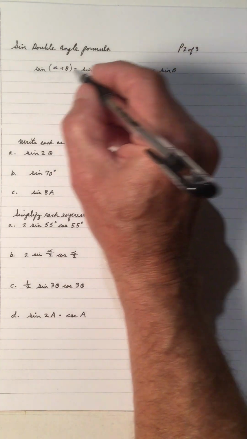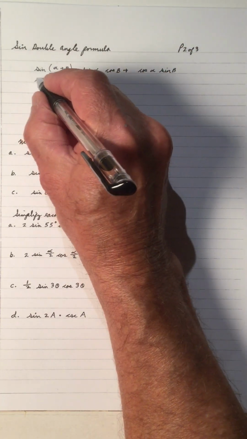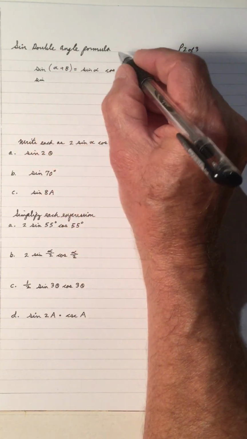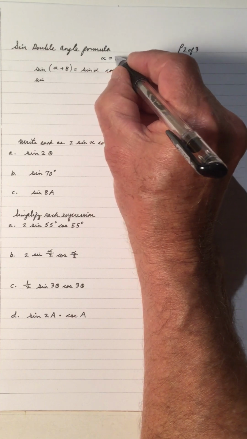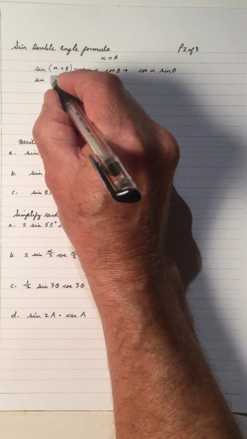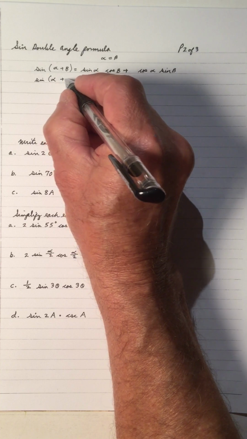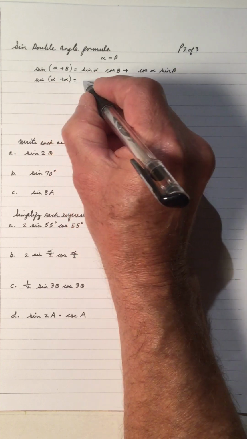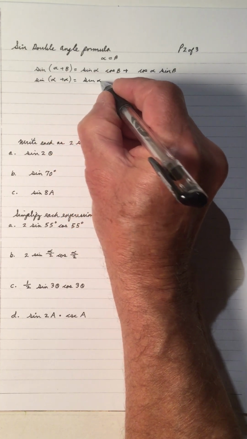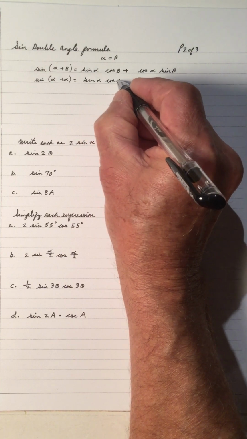Now the double angle formula is when you let alpha equal beta. So we'll change beta in the formula to alpha.